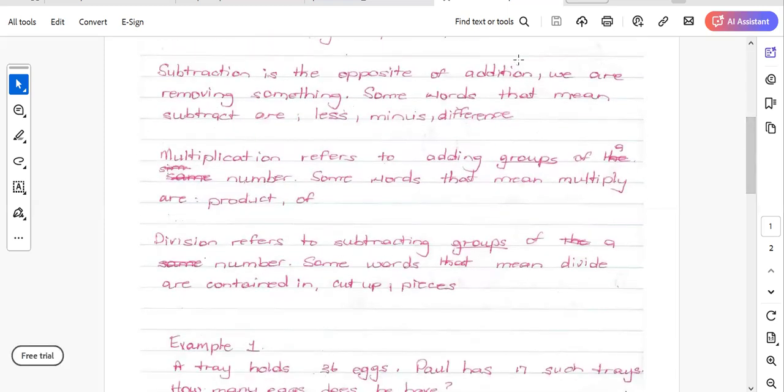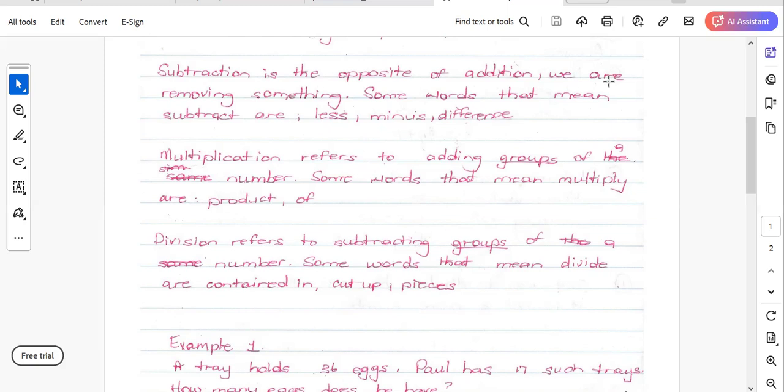Subtraction is the opposite of addition. Here we are removing something. So some words that would mean that we ought to subtract are less, make it less, minus, difference. Let's look at Jane with her $5 that she initially had. Now, Jane decided to give her friend 2 of her dollars, right?